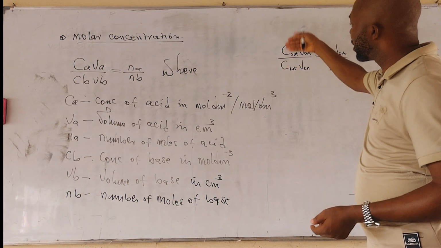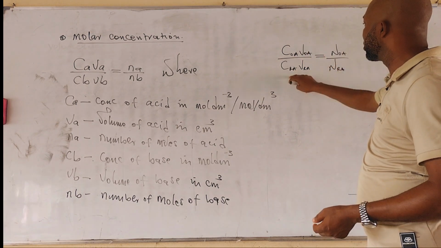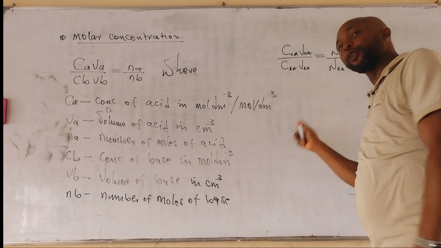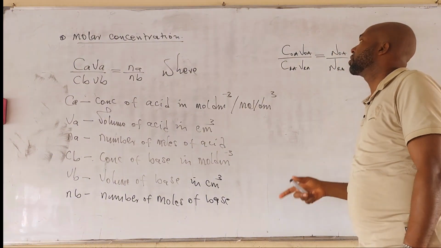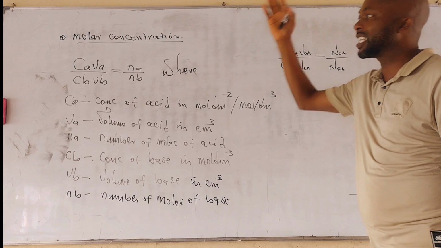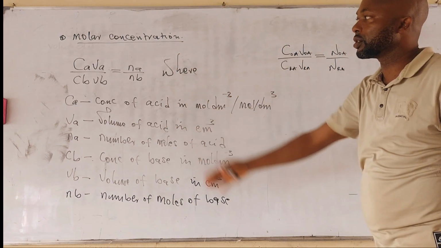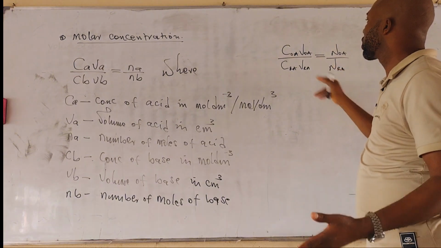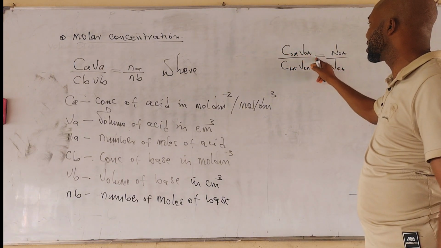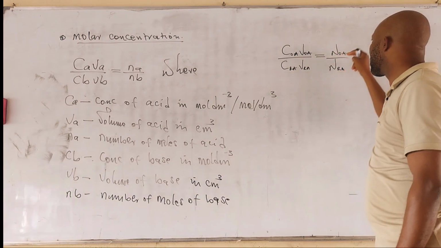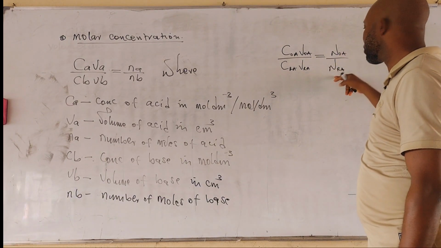The same variable, this is in mole per dm³, the same. That's how everything goes, but now this is for redox calculations. In redox, we use this. We don't use CA. That is for acid-base titration. For redox titration, we use COA, VOA, concentration of oxidizing agent, volume of oxidizing agent, concentration of reducing agent, volume of reducing agent, equals the number of moles of oxidizing agent over number of moles of reducing agent.